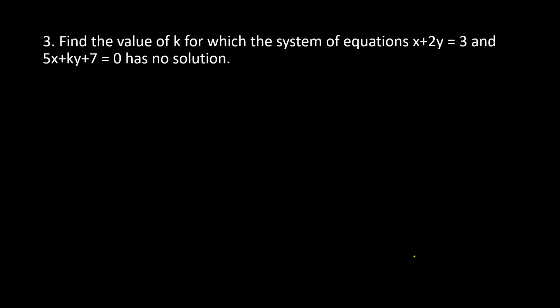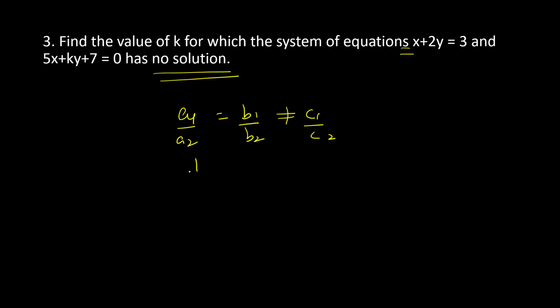The third question. Find the value of k for which the system of equations x plus 2y equals 3 and 5x plus ky plus 7 equals 0 has no solution. No solution, parallel lines. So a1 by a2 must be equal to b1 by b2, not equal to c1 by c2. What is a1?